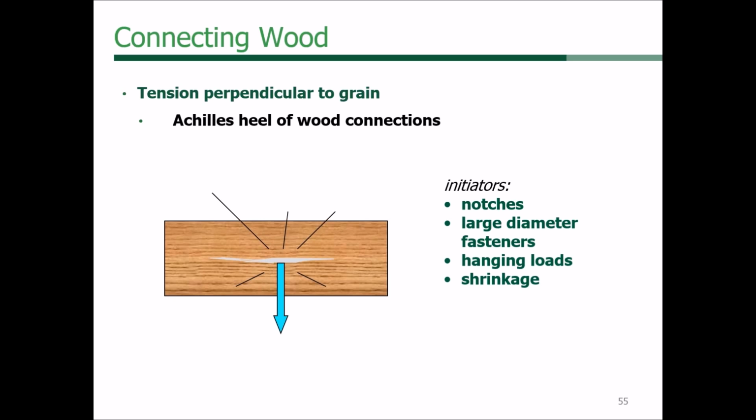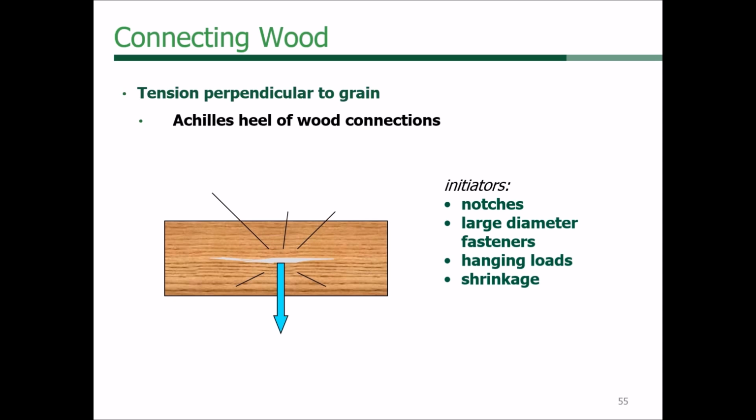Another thing that's important to recognize is that wood has very weak tension perpendicular to grain. The NDS says that it basically should be avoided. This often happens at notches, large diameter fasteners, hanging loads, and sometimes even just due to shrinkage.